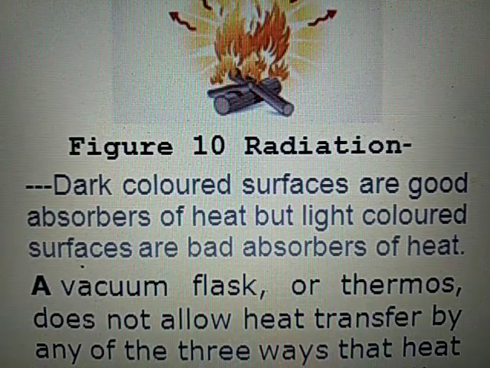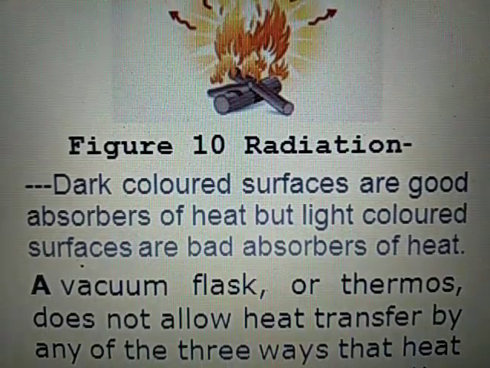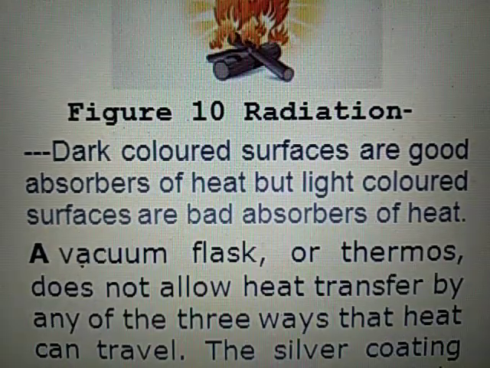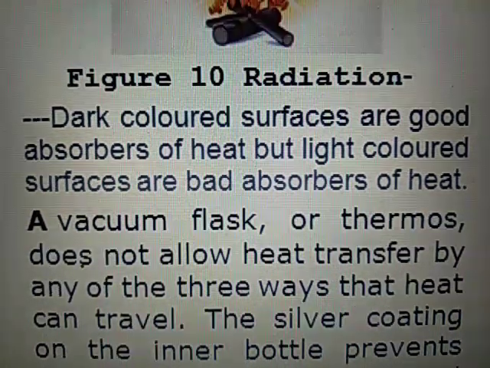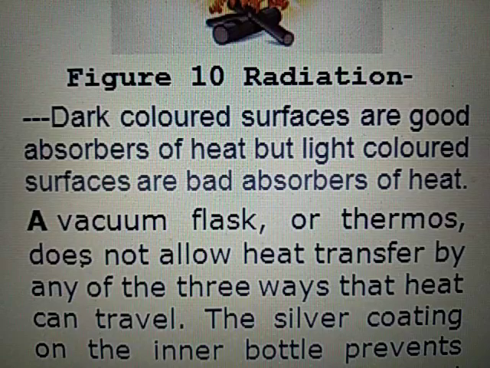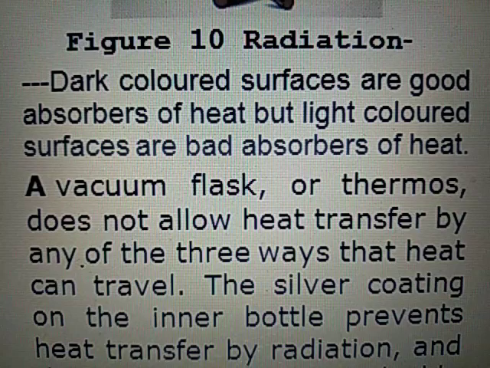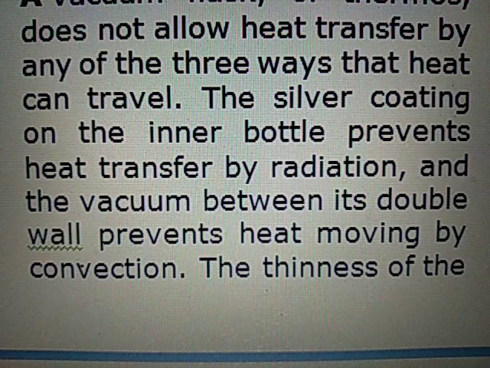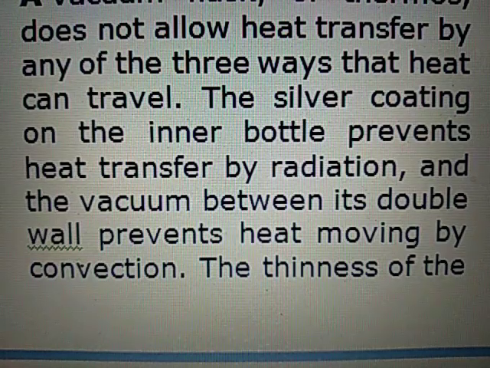A vacuum flask, also called a thermos flask, does not allow heat transfer by any of the three ways by which heat can travel. First of all, the silver coating on the inner wall of the bottle prevents heat transfer by radiation, and the vacuum between its double wall prevents heat moving by convection.